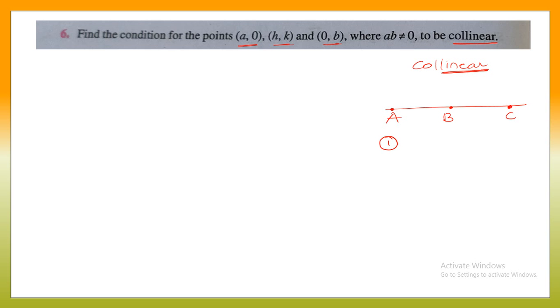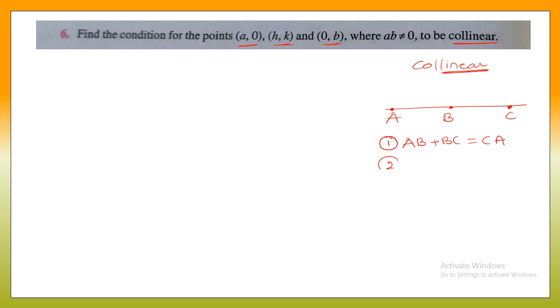If distance AB and distance BC, when added up, equal distance CA, then we can simply say those points are collinear. So the sum of 2 sides is equal to the third side.